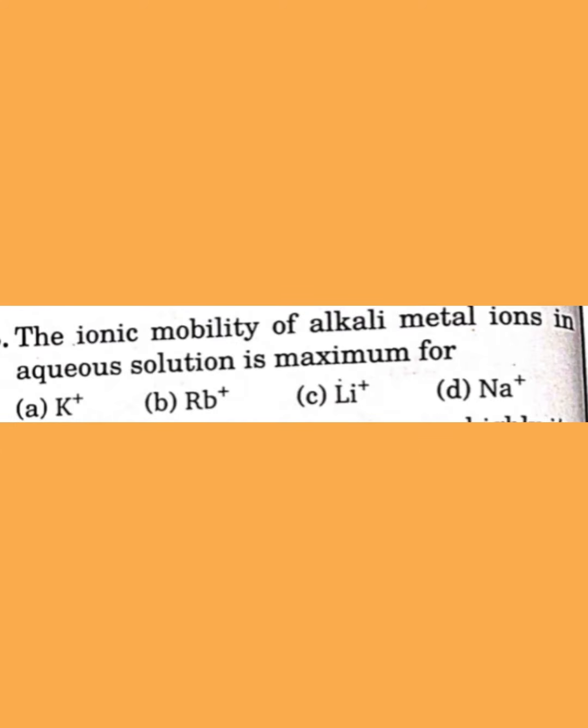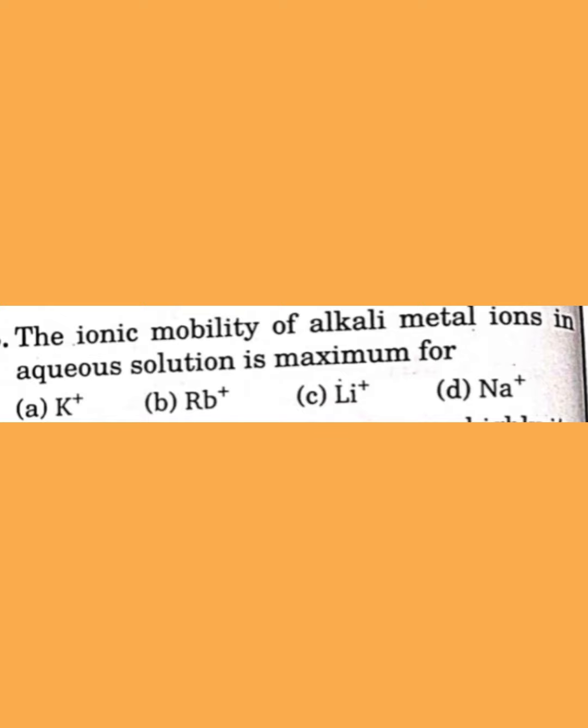Next question, the ionic mobility of alkali metal ions in aqueous solution is maximum for options K plus, Rb plus, Li plus, Na plus. The answer is option B, Rb plus. Here we need to know 3 points. 1. Size of cation, 2. Degree of hydration, 3.